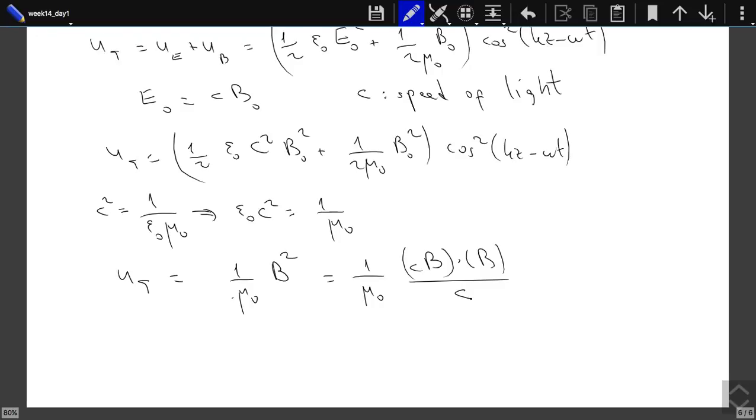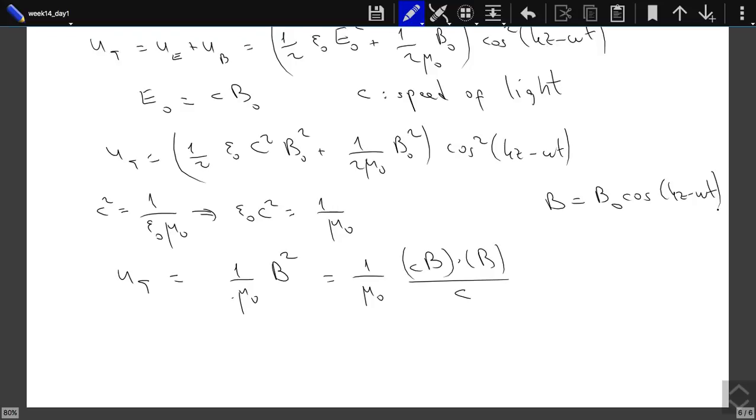And also keep in mind, here I had this cosine squareds, and these were just constants. Here b is not the constant. B is B0 cosine (kz minus omega t).